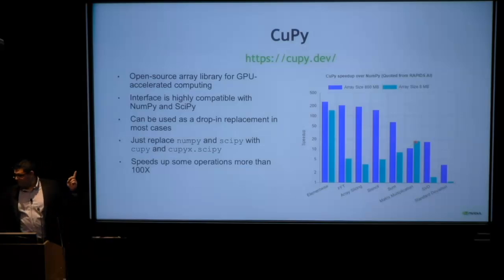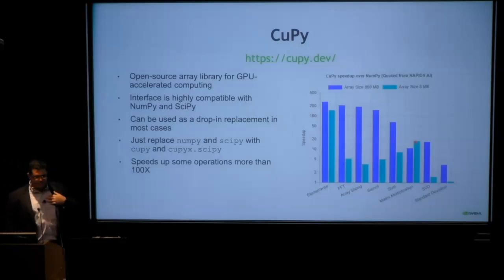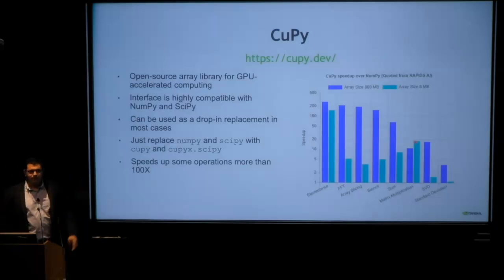CuPy is one of my favorite ones, actually, personally a little bit more than Numba. CuPy is another GPU accelerated library. Think of it as NumPy, but on GPUs, hence CuPy. It's basically meant to be a drop-in replacement for NumPy and SciPy. So you can replace NumPy with CuPy, and you can replace SciPy with cupyx.scipy.